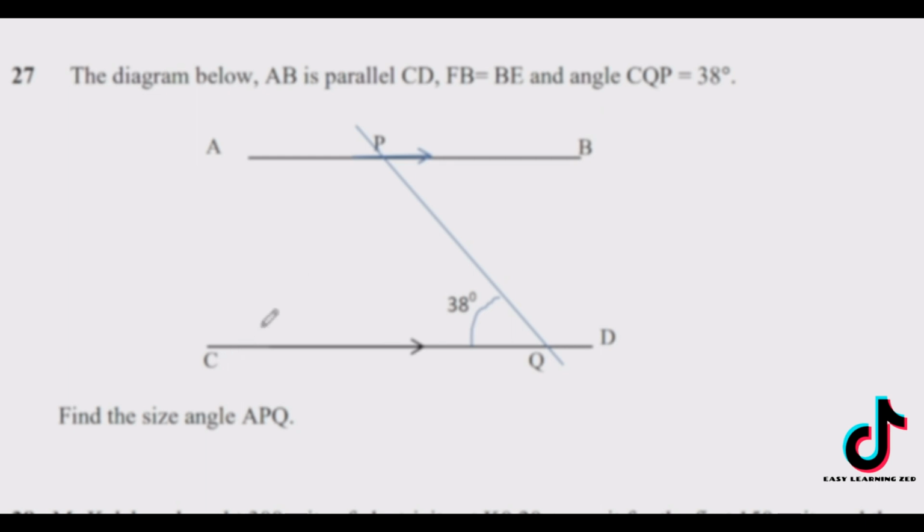Then FB: is there an FB here? FB is equal to BE, and I can't see E, and angle CQP is equal to 38. I don't know this information. Let's see if we can still find the answer.